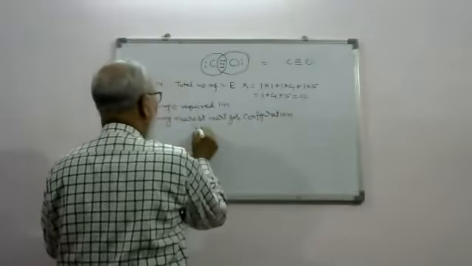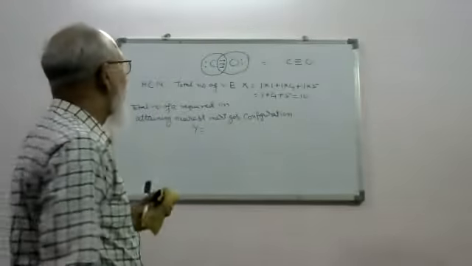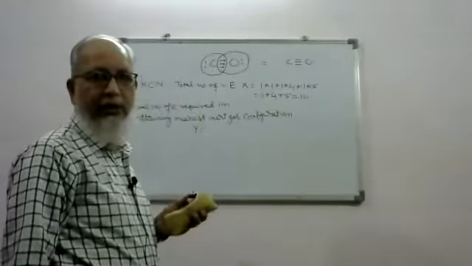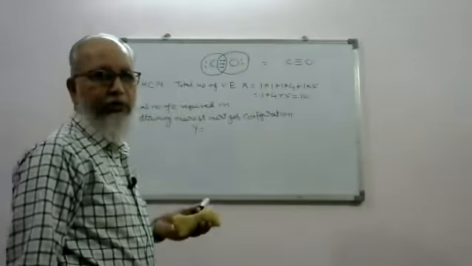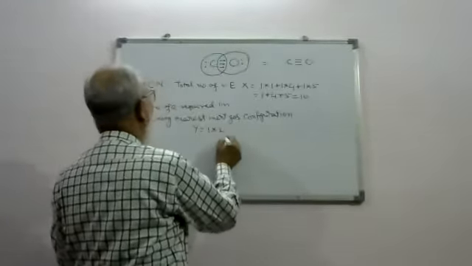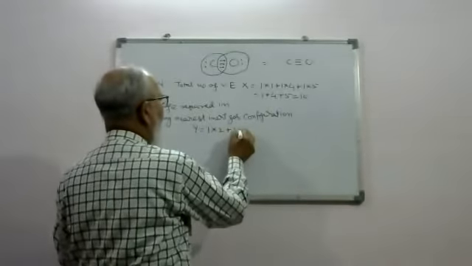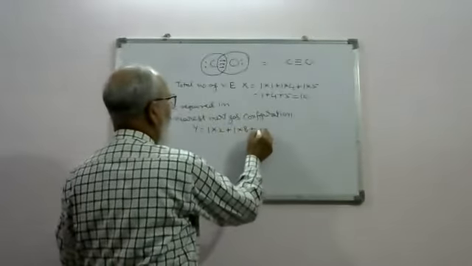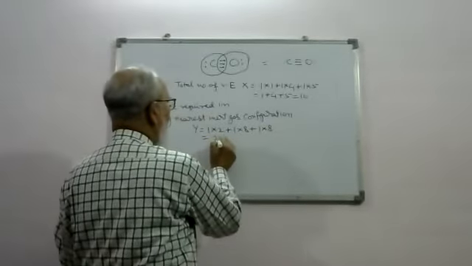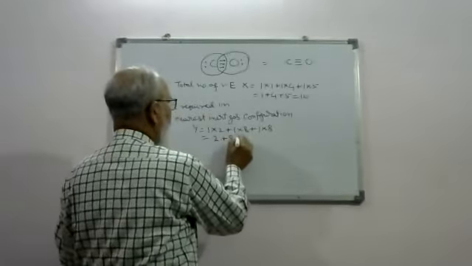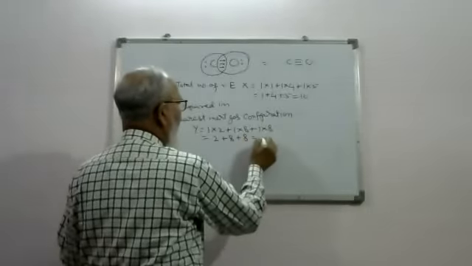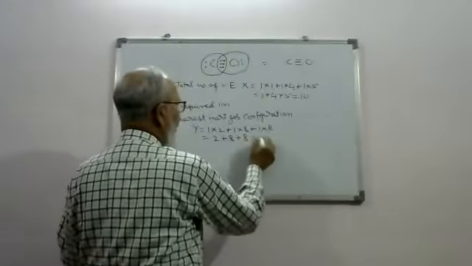Here it is your hydrogen. The nearest inert gas of hydrogen is helium, so it will require 2 electrons. So it will be 1 into 2 plus carbon 1 into 8 plus nitrogen 1 into 8. This will become equal to 2 plus 8 plus 8, which is equal to 18.